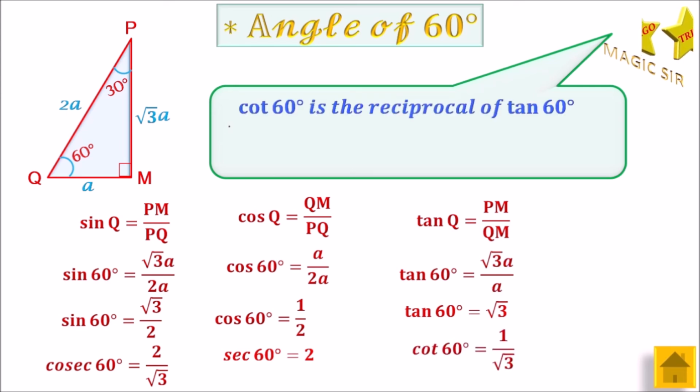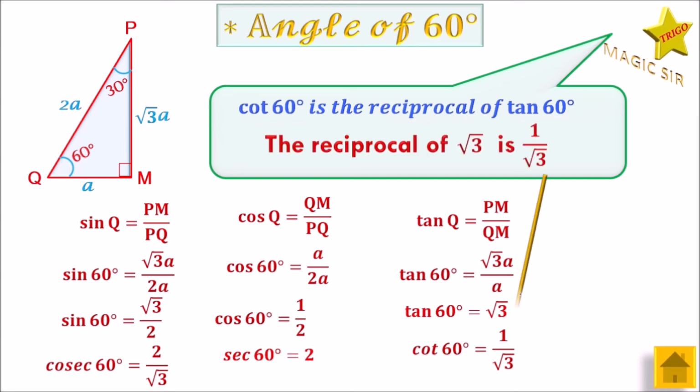We know that cot 60 is the reciprocal of tan 60. Tan 60 and cot 60 are the reciprocal of each other. So the reciprocal of root 3 is 1 upon root 3.